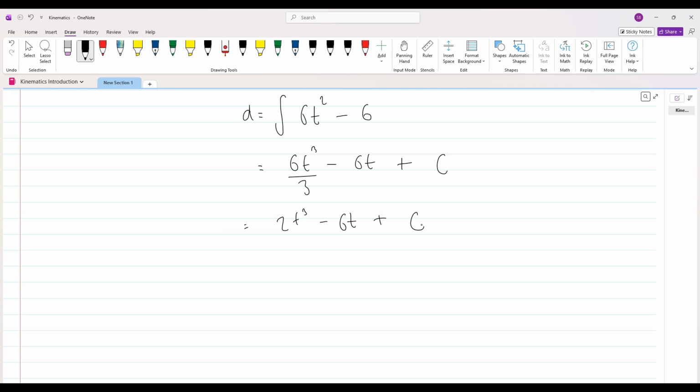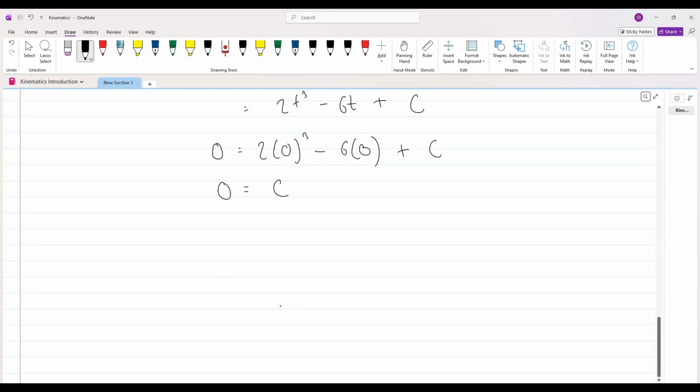Now we know that the distance at time equals 0 is 0. So we just plug that into the equation. So 0 equals 2 times 0 cubed minus 6 times 0 plus c, and this is nothing but 0 equals c.